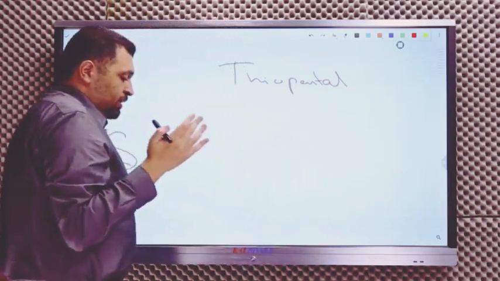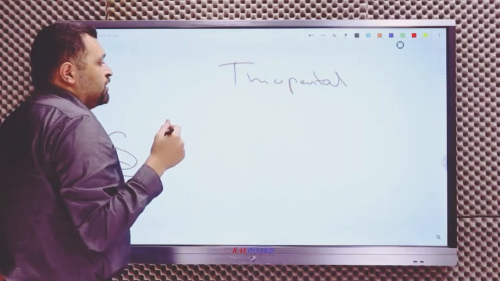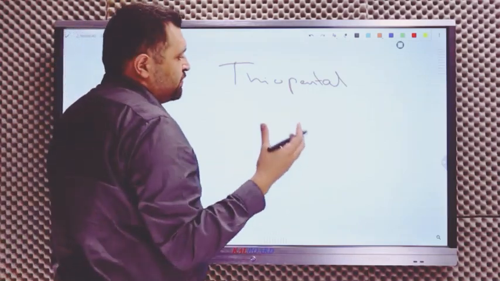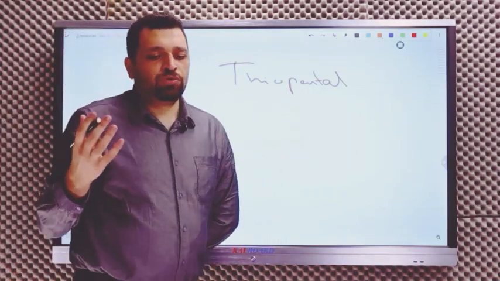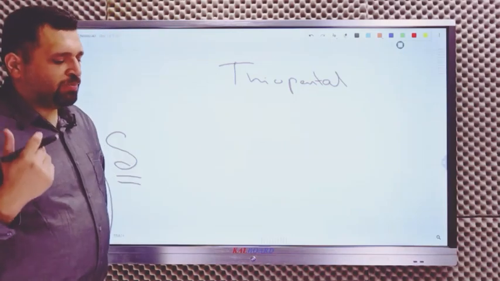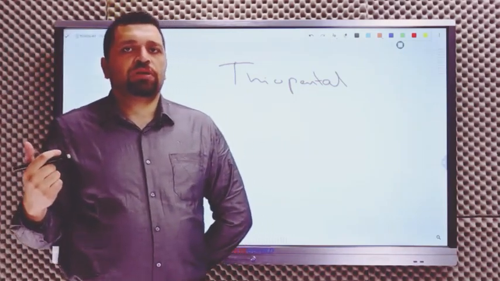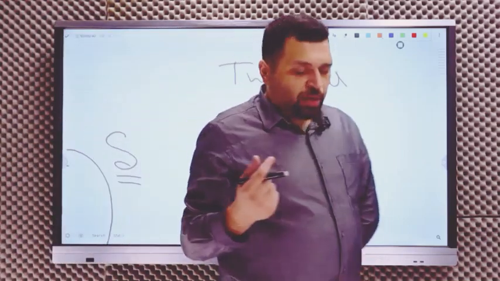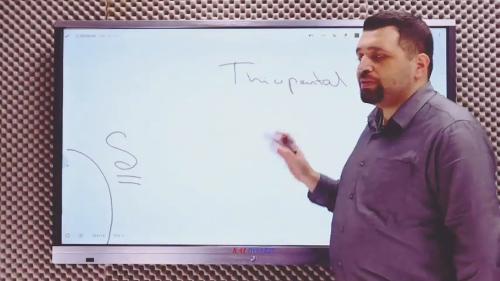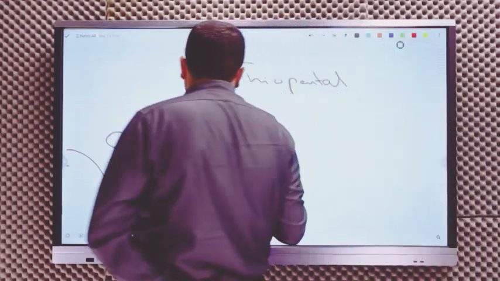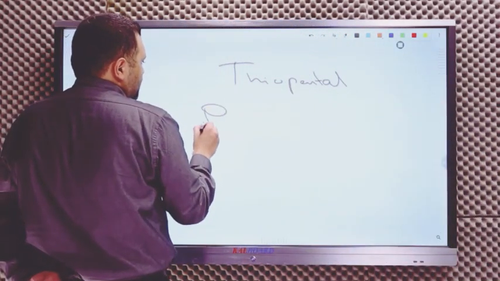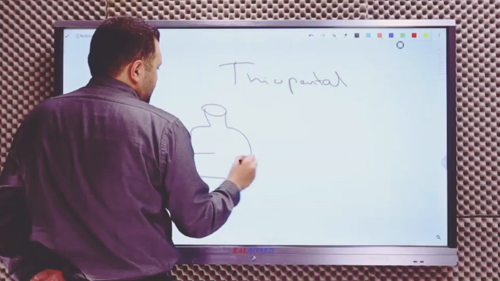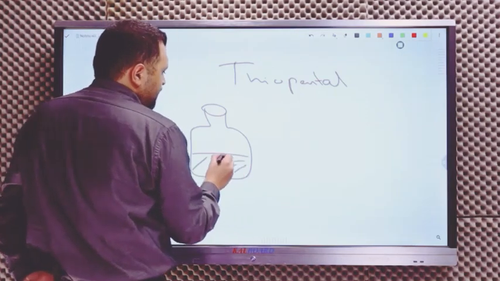Now, each drug in the world has a form. When you take something for your head pain, like paracetamol, it's a pill. Now, thiopental is not a pill. You have something called an ampoule, inside which you have the thiopental.